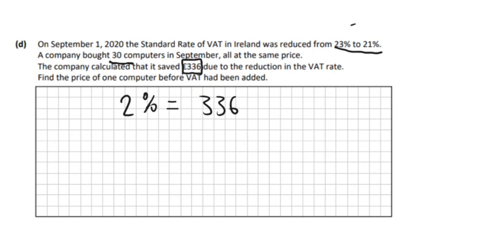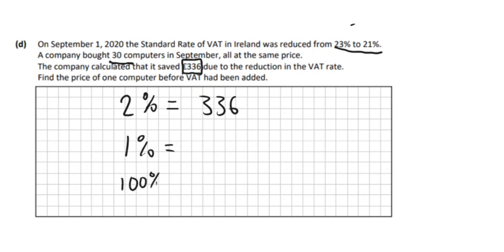It's a similar way that you're doing it as the last few questions. You have to recognize that the 2%, the difference, has to be the 336. That's the most important thing. When you get that, then you can get what 1% is, and then you can get what 100% is.